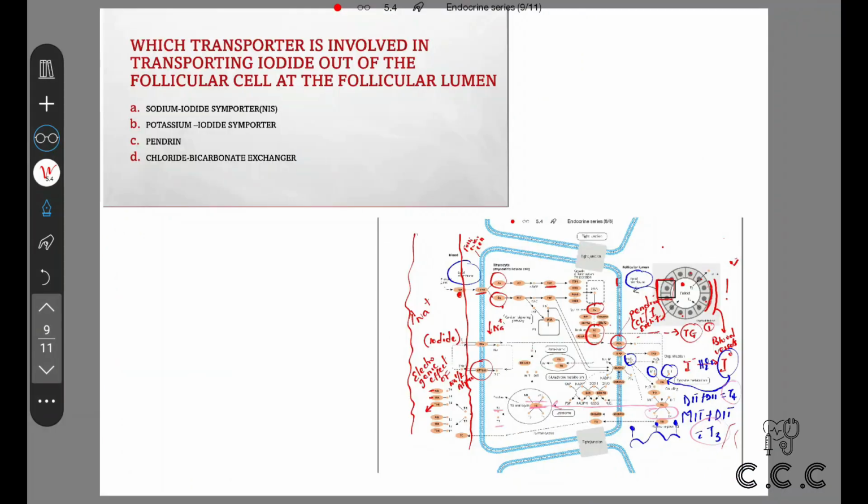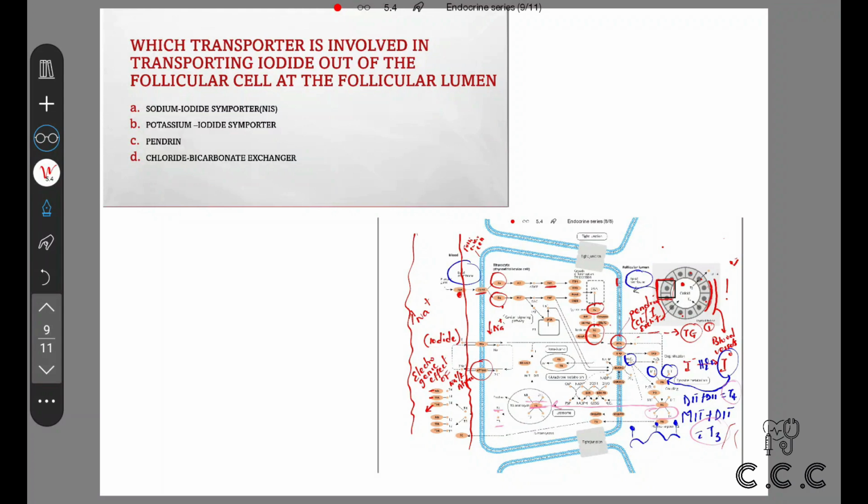Let us then attempt some questions about the subject matter that we have discussed. So the first question says, which transporter is involved in transporting iodide out of the follicular cell into the follicular lumen?